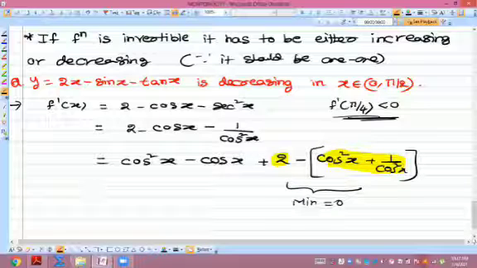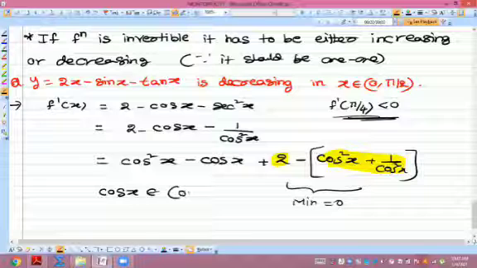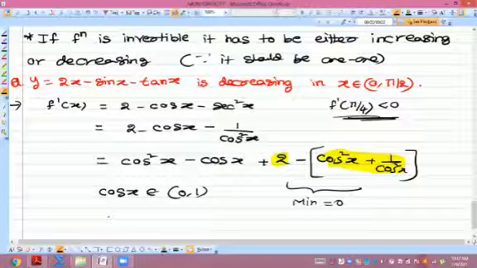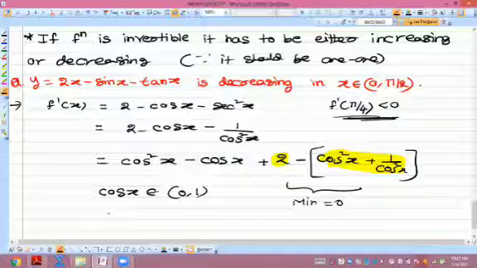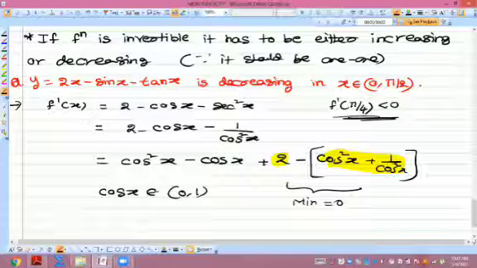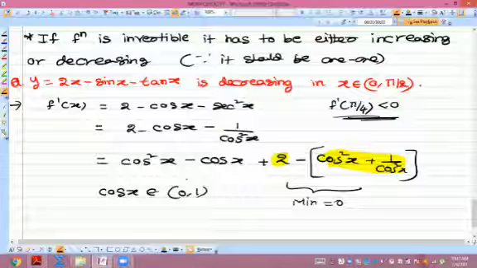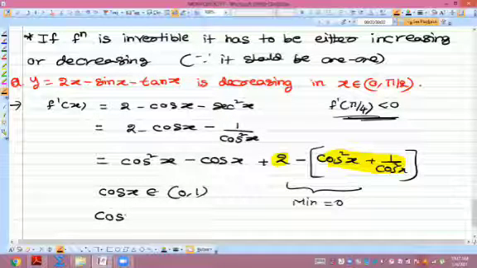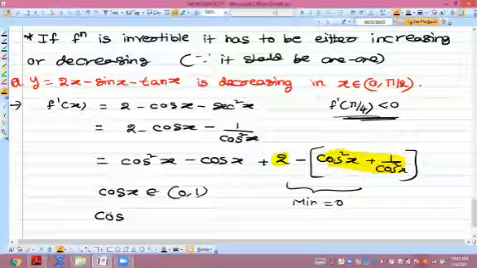And if x is between 0 to pi by 2, what is the cos x value? 0 to 1. If x is between 0 to pi by 2, the cos x value will be 0 to 1 only. That means if any value is between 0 to 1, the more you increase the power, the less the value will be.